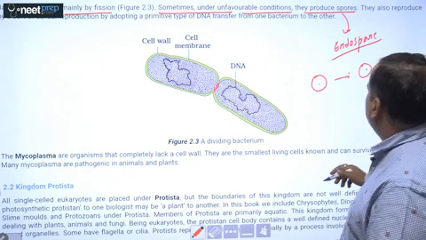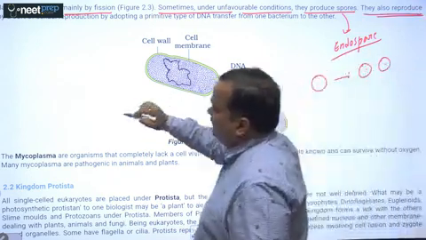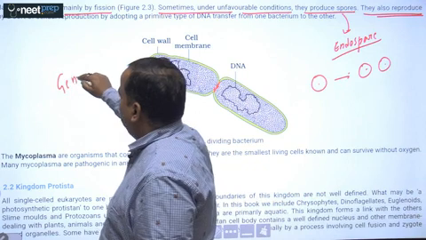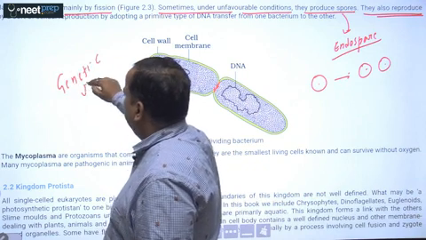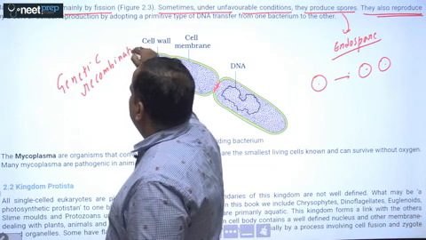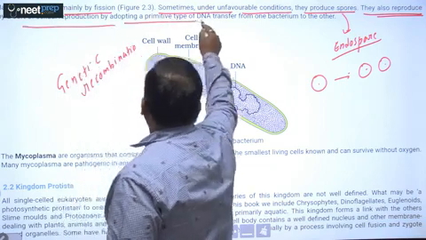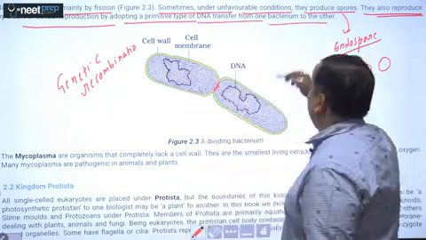Now they don't have sexual reproduction, but we basically call it genetic recombination, a sort of sexual reproduction by adopting a primitive type of DNA transfer from one bacterium to another.